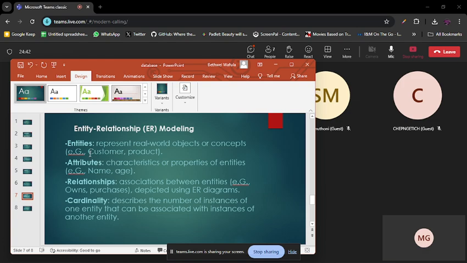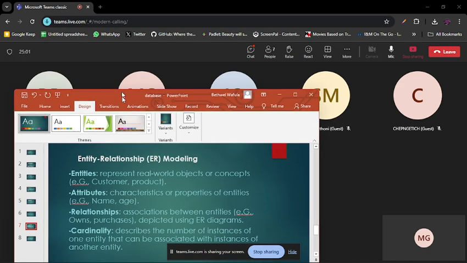So lastly, we are going to talk about entity relationship modeling. This is about designing. We have entities, attributes, relationships, and cardinality. Can anyone try to explain what an entity is?